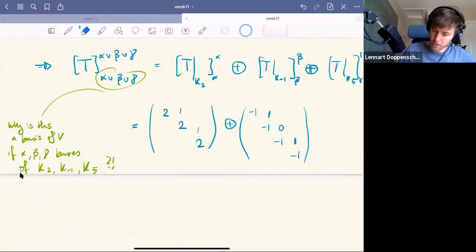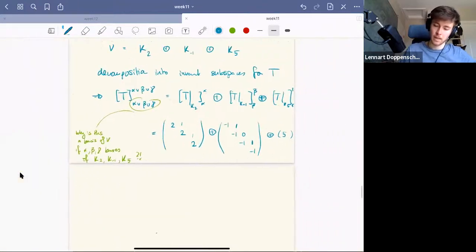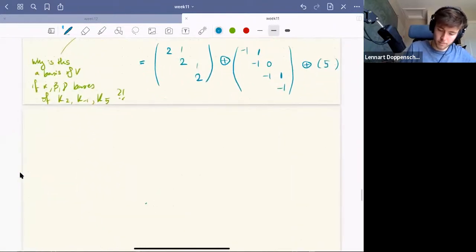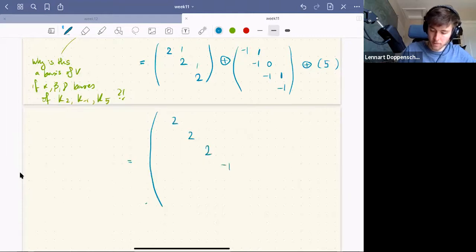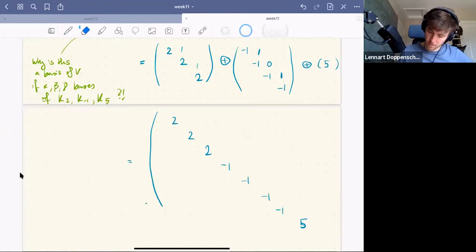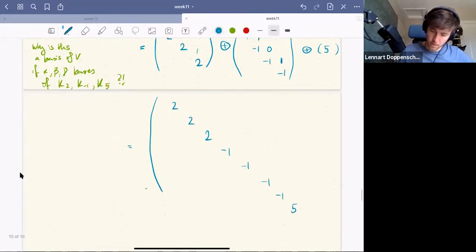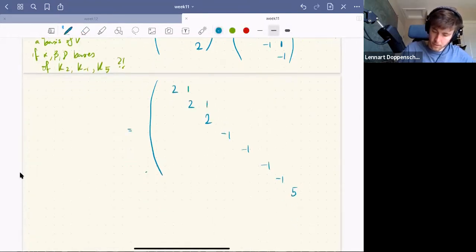And the last one was just 5. And just putting them together means that we put them in a matrix as blocks. And it's going to look like this. We have 2, 2, and 2. We have -1, -1, and -1. Another -1. And then 5. There are ones, this is a 1, this is a 1, and that's it.